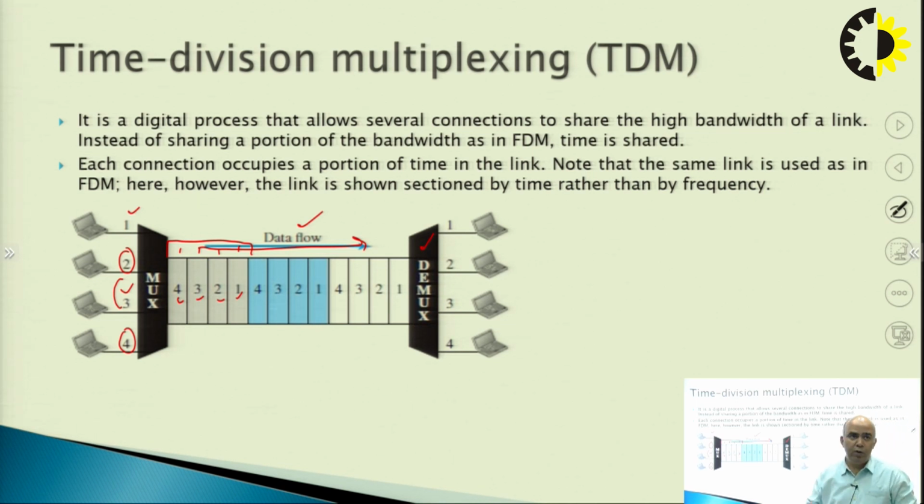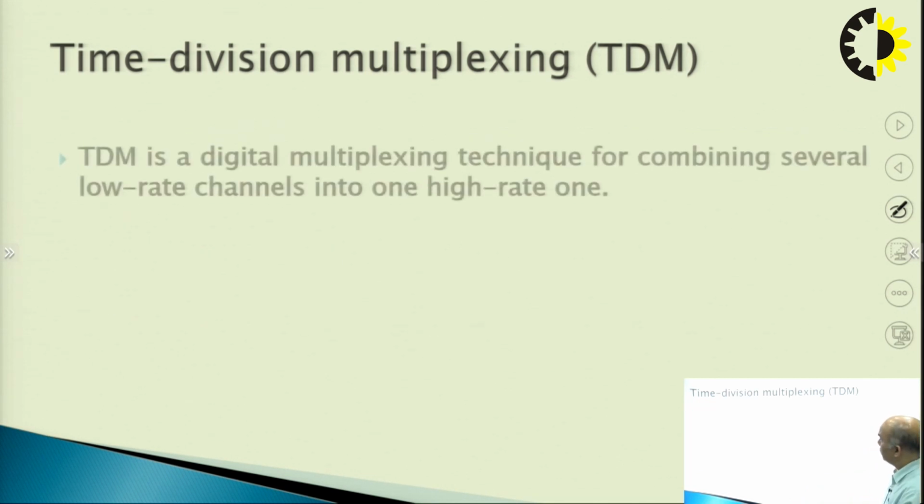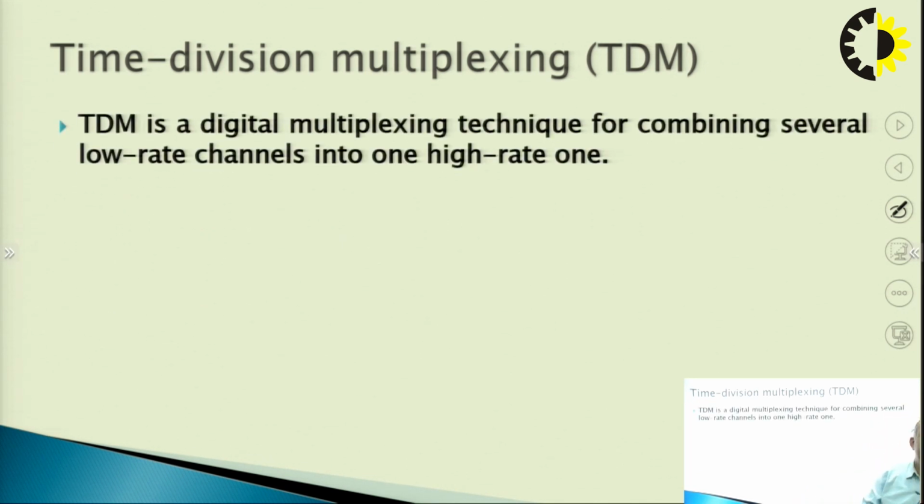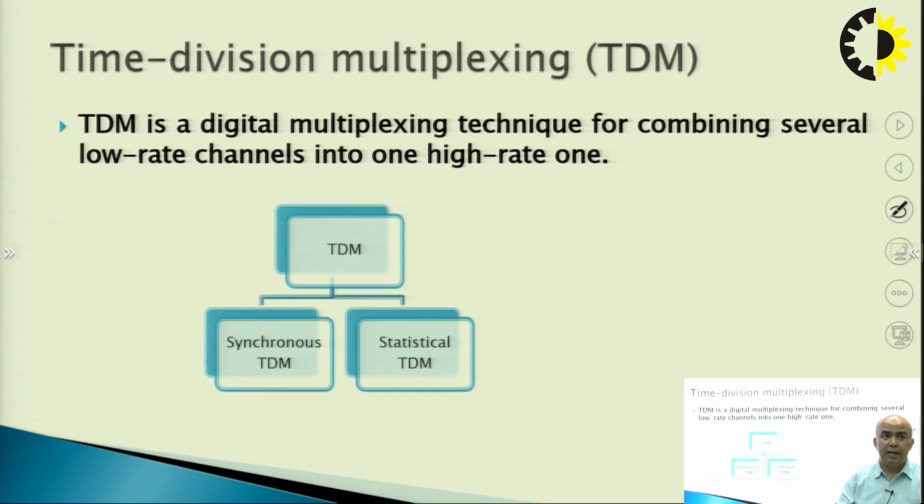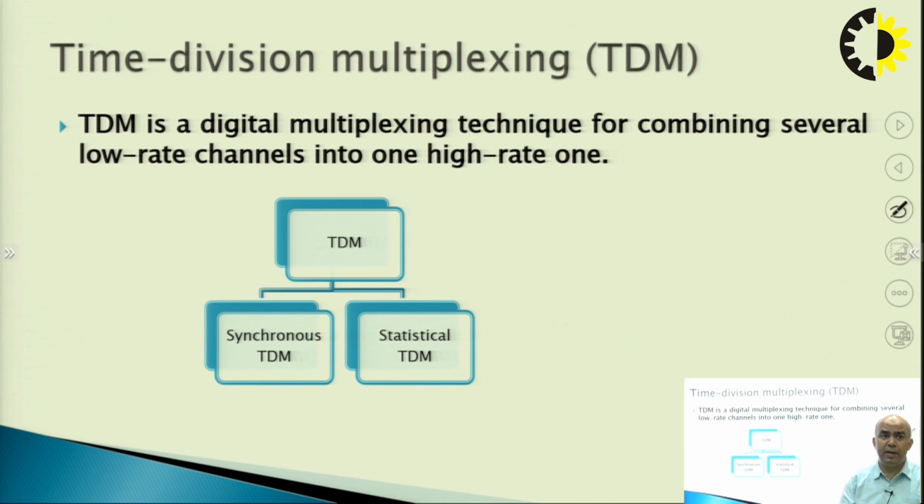So there are two methods generally used in time division multiplexing, which overcome this problem. TDM is a digital multiplexing technique that combines several low-rate channels into one high-rate one.